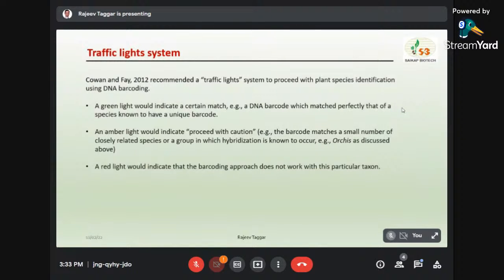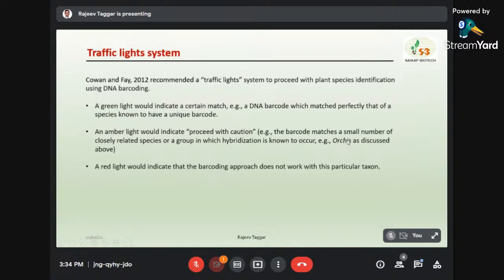But it makes sense to make guesses sometimes, because if our guess is that, look, our plant belongs to this particular family, and we already know that that family is giving a tricky result to DNA barcoding, based on how amenable that family or that genus is to DNA barcoding, this light system is used: green light, amber light, and the red light.